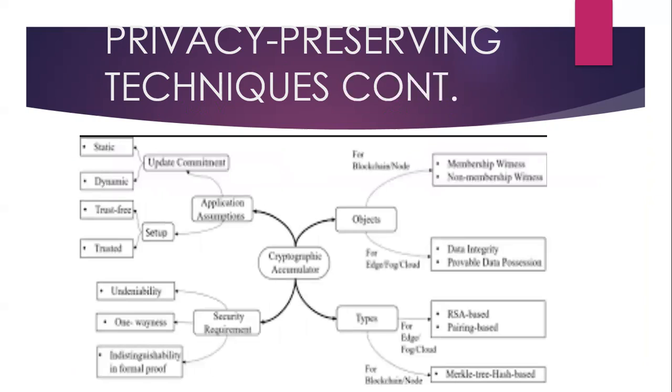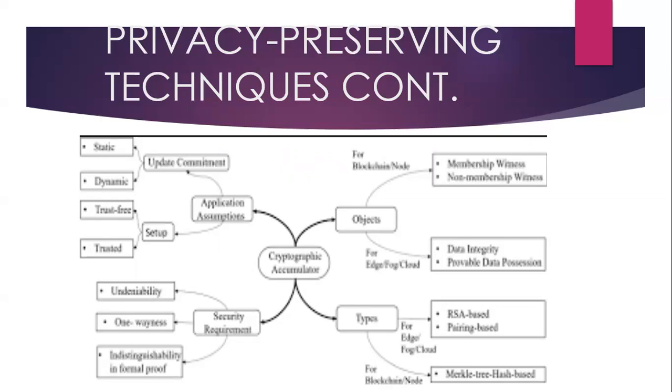This is the flow chart for the privacy preserving techniques. In this flow chart we have static, dynamic, trust-free, and trusted categories, which start with cryptographic accumulators. They receive and collect the data from the applications, with accumulator objects and types, and security requirements too.